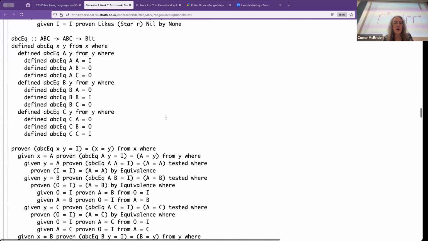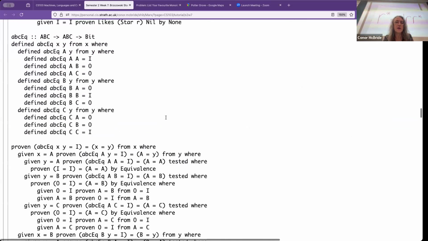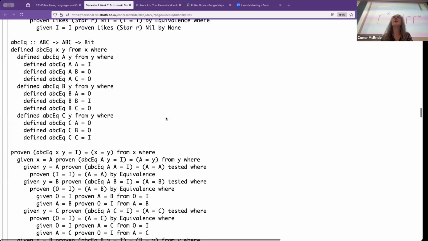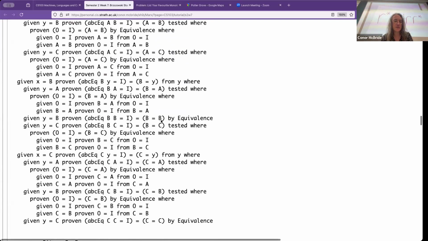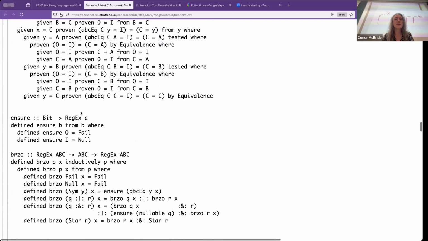And then what we're getting at, we're not going to get anywhere about matching unless we can test if two symbols are equal. So we show that we can check if two symbols are equal. You've got this ensure thing, which is handy. This goes the other way.